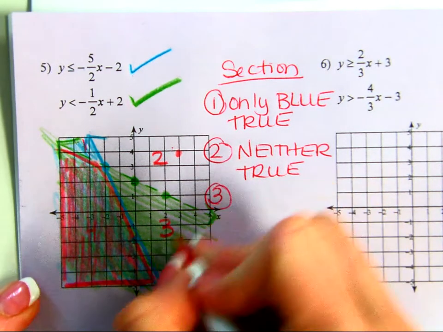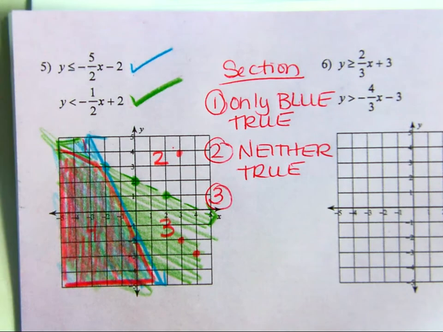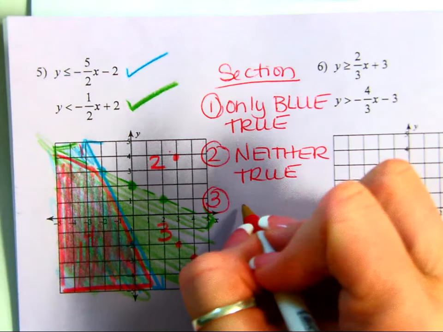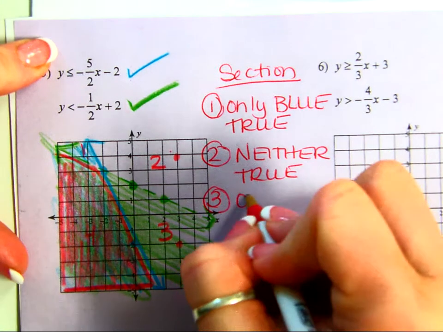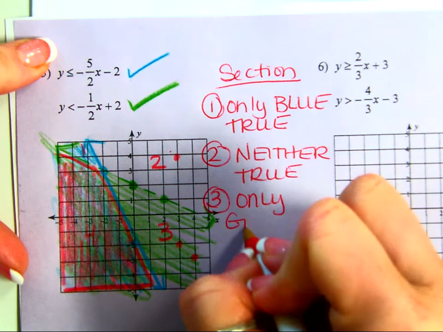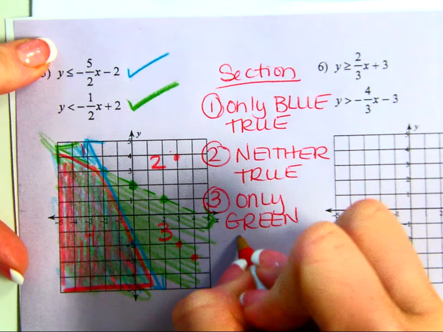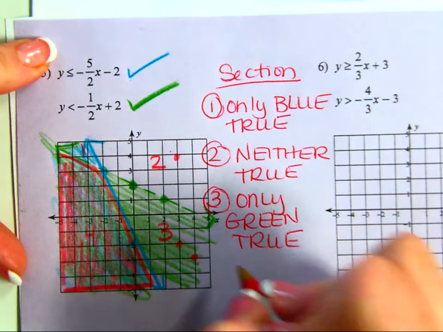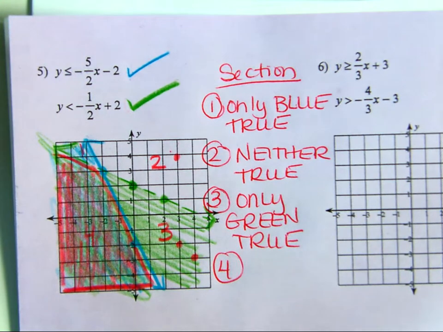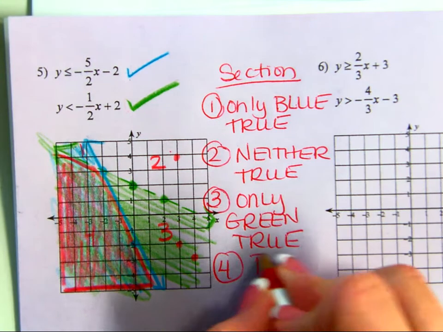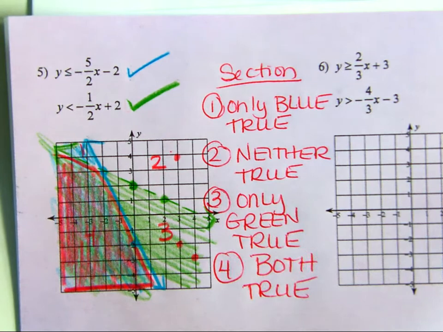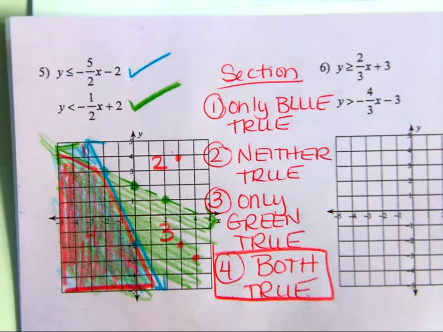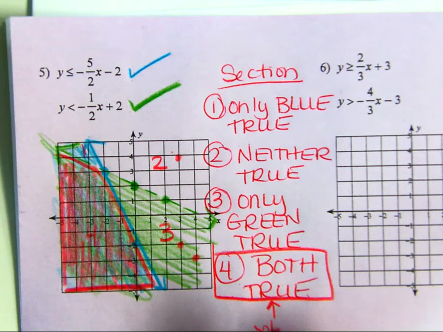Section 3, if I picked a point and plugged the x in for the x and the y in for the y, it would be true for the green statement, but not for the blue one, right? Only green would be true. And then section 4, that's where they're both going to give me a true statement. That is what I want. That is my solution. And so that is where your solution will come from.